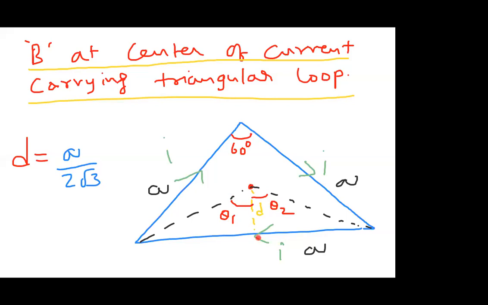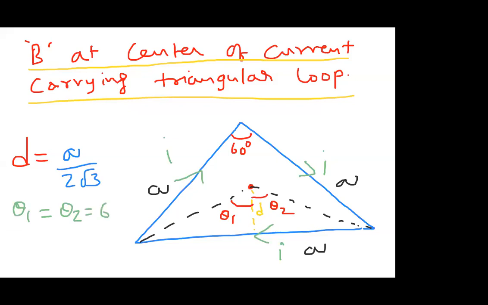And this line is a perpendicular bisector to this side. So this angle and this angle must be equal, as this line is a perpendicular bisector. So total center angle is 120, and theta 1 and theta 2 both will be equal to how much?